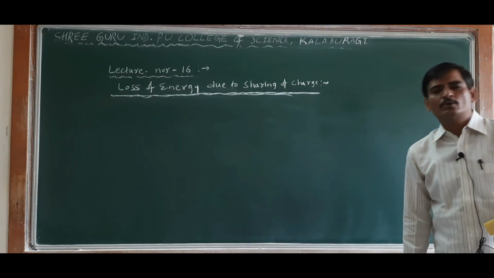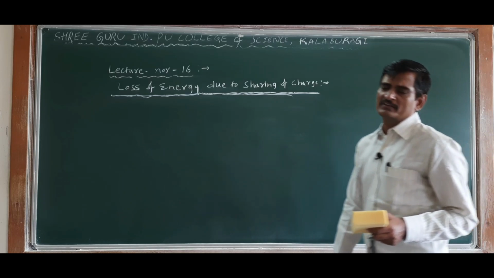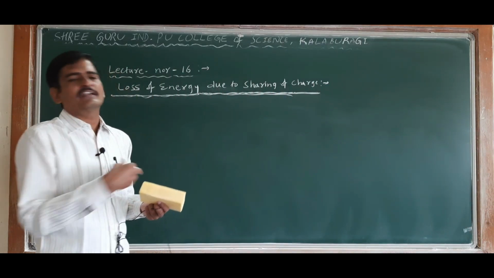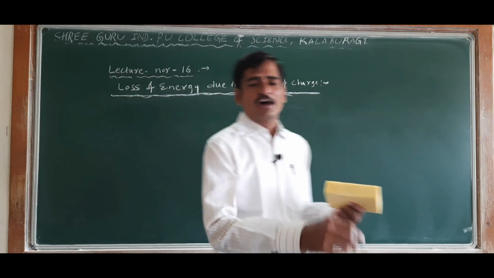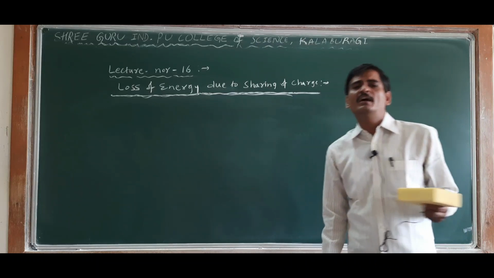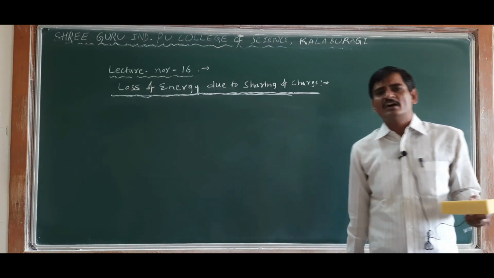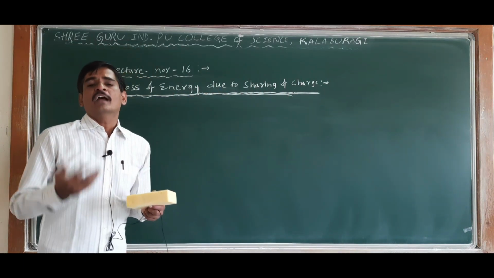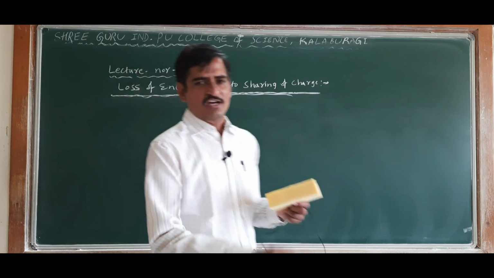So here, when two capacitors, you can say conductors, are charged to different potentials and they are connected through a metallic wire, then charge is shared between the two capacitors or conductors, and this charge is shared without any loss of the charge.